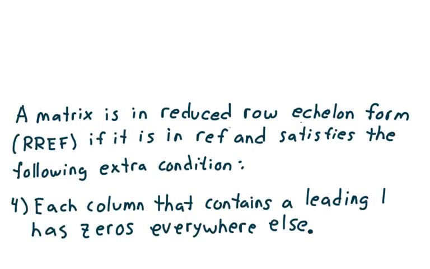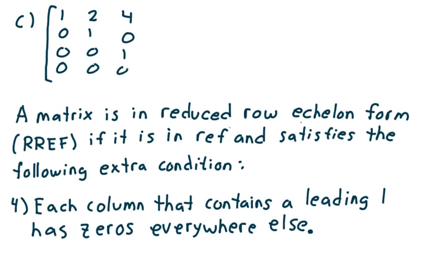Now, let's take a look at C. Suppose I give you the following matrix. Suppose I have 1, 2, 4 in the first row, 0, 1, 0 in the second row, 0, 0, 1 in the third row, and 0, 0, 0 in the fourth row. Here's another matrix that is in row echelon form.